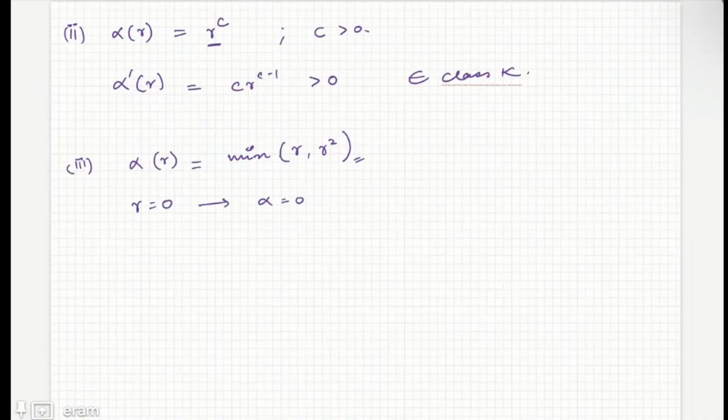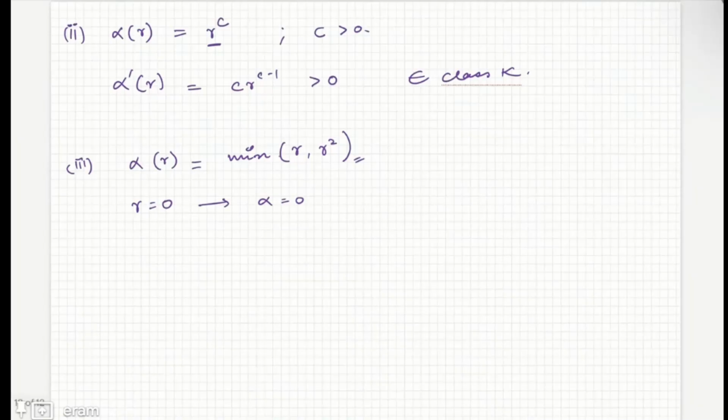When we define the domain to be some 0 to a, that is a positive domain, the function will also map to positive values, so that condition is also satisfied. Its derivative will be either 1 or 2r, which is also positive, so it is also strictly increasing.